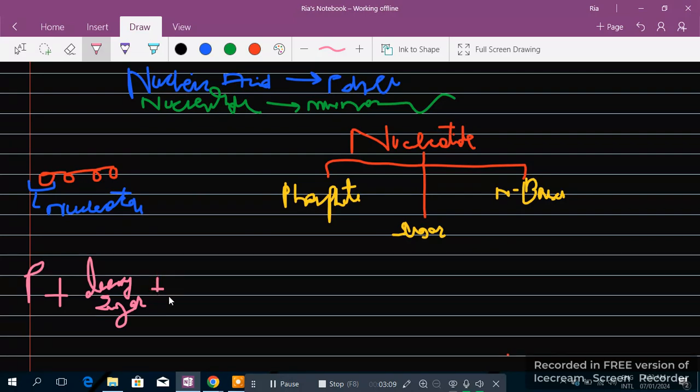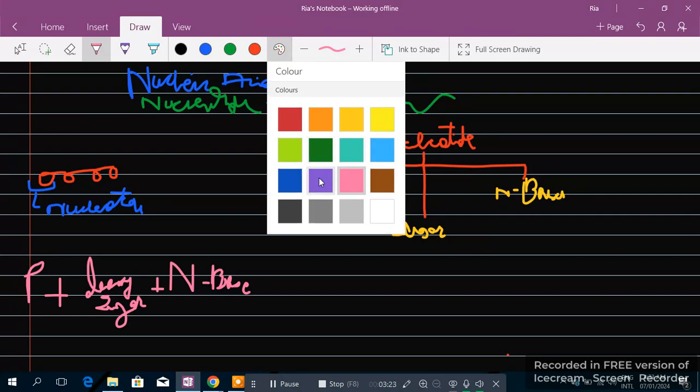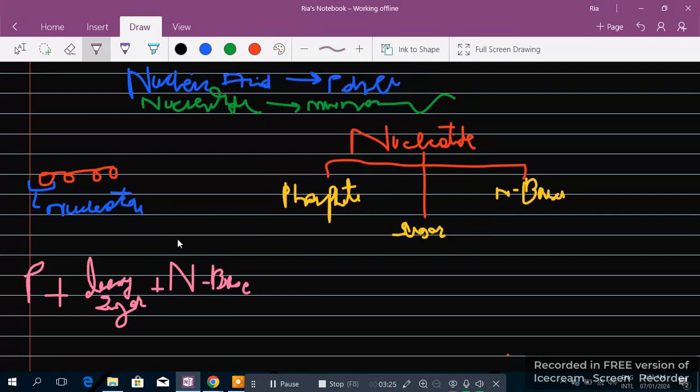It could be any, adenine, guanine, cytosine, any base, that's why I'm not writing it. So when you see deoxyribose, any sugar with nitrogenous bases like this structure would be known as nucleoside. This is nucleoside.